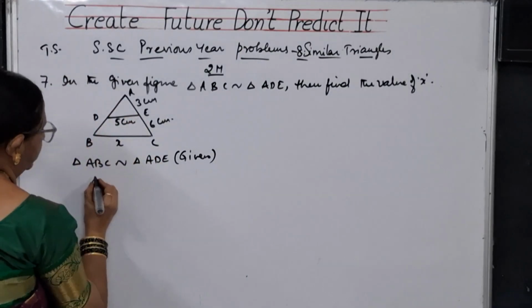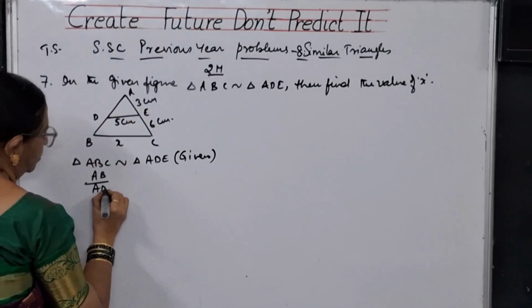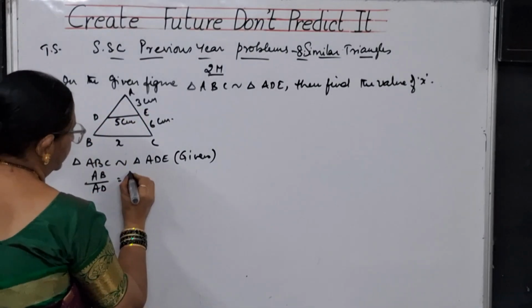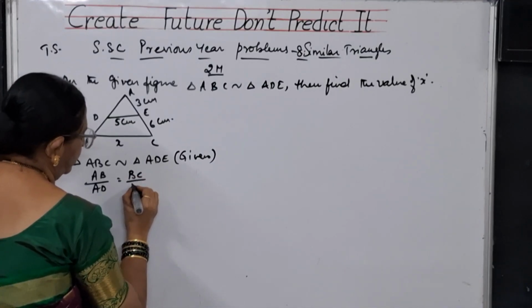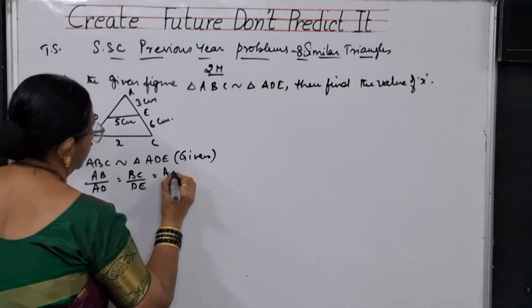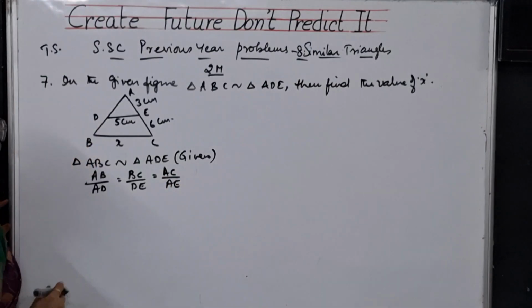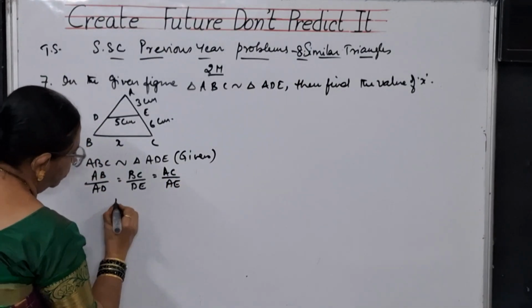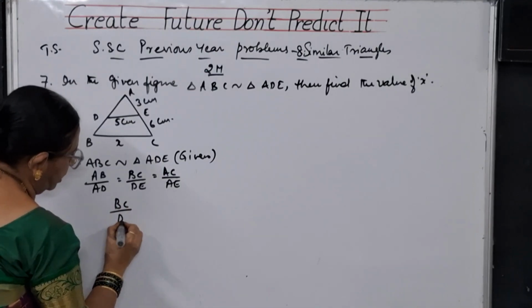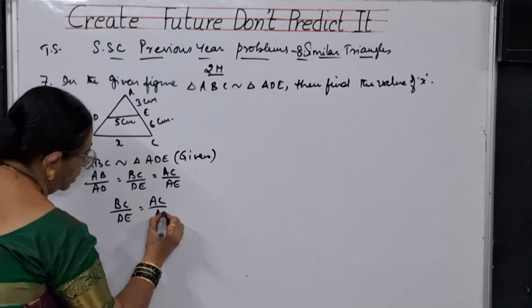So, AB by AD is equal to BC by DE is equal to AC by AE. Now, in this case, we need not worry about this. We will be taking BC by DE is equal to AC by AE.